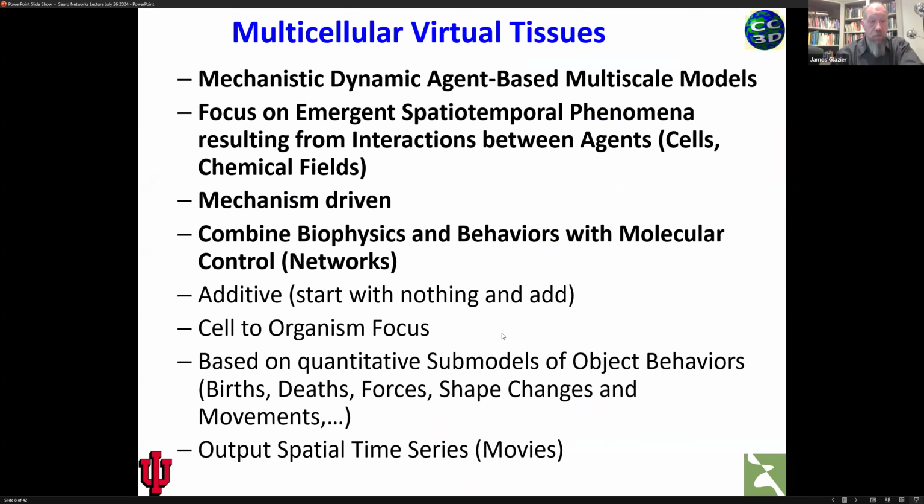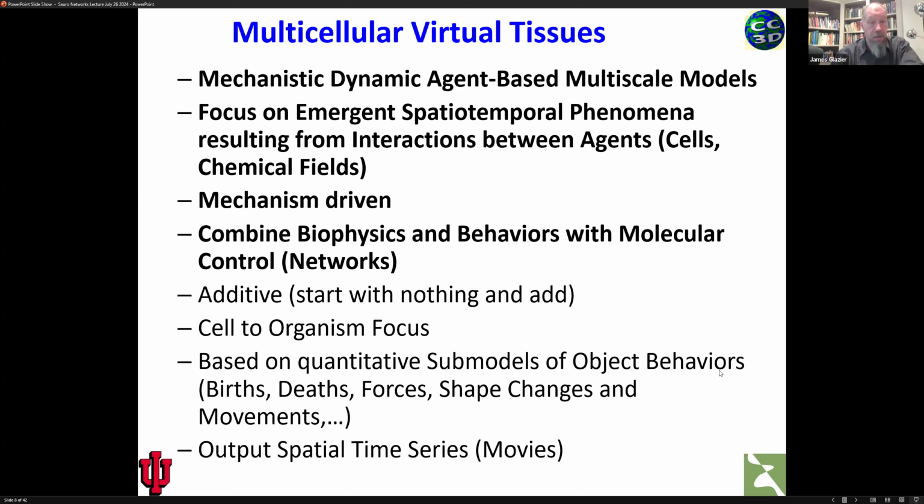These are agent-based models. They're mechanistic. They're intrinsically multi-scale. And our focus is on emergent behaviors and structures due to those interactions. And again, our key is to try to combine the biophysics of what cells are doing with the control from networks.